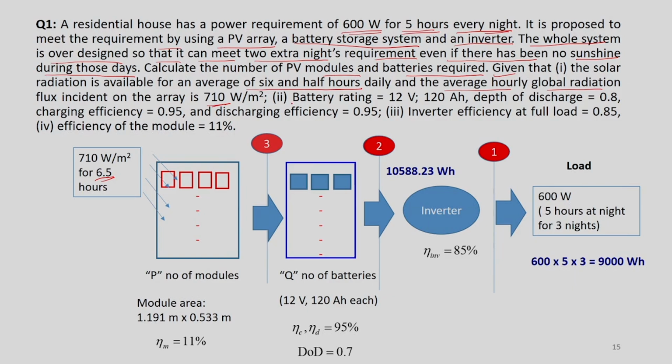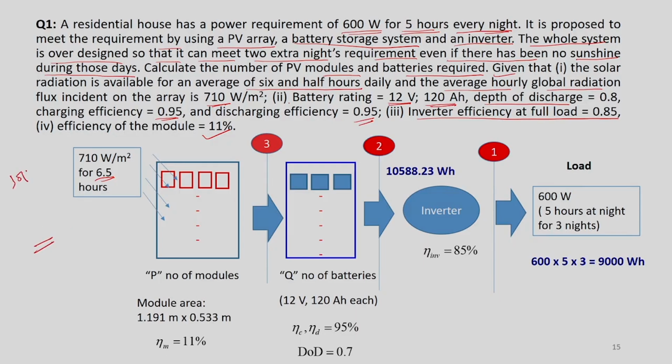As far as battery ratings are concerned, it is given as 12 volt, 120 ampere hour, depth of discharge is 0.8, charging efficiency is 0.95, discharge efficiency is again 0.95, and inverter efficiency is given as 0.85, and of course, module efficiency is required, which is given as 11%.